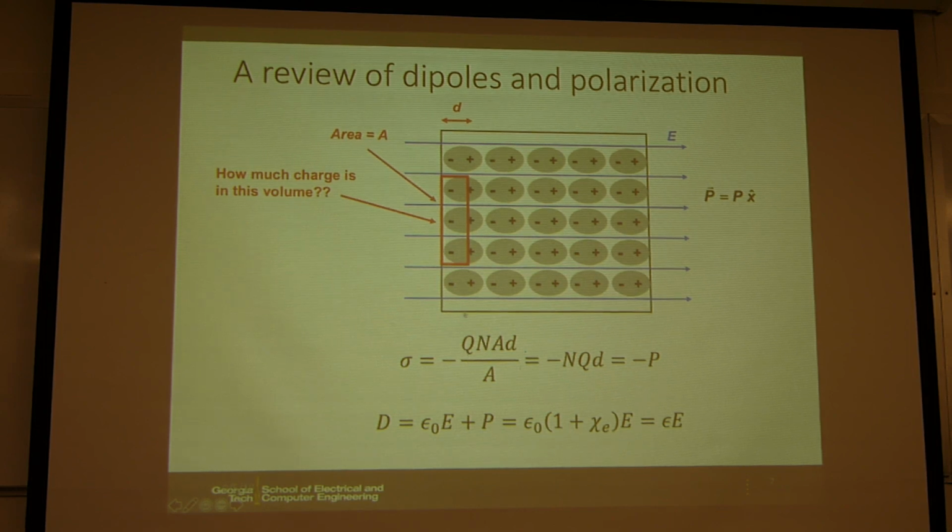Times Q, you get the total charge. Then you divide by area, and you get the surface charge density, which turns out to be this P value here. If it's the negative side, you get negative P. The displacement field, by definition, is epsilon times E plus this P. And this 1 plus chi gives you the relative permittivity of the material. Any questions at this point?